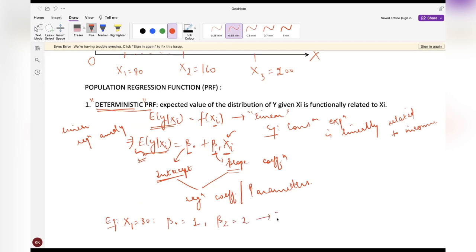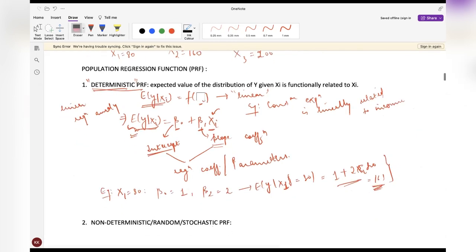Then I can easily plug in these values and find my conditional expectation, which will be 1 plus 2 into 80. So this will give me 161. So this has given me a deterministic value.